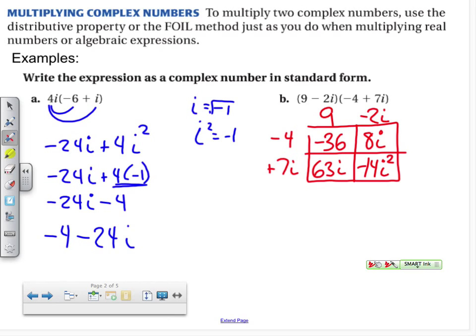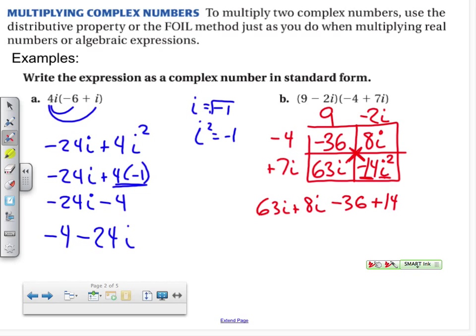All right, now as we combine like terms, we need to remember that i is not a variable. i is the square root of negative 1. So i squared then is negative 1. So as we combine like terms, these two will combine, 63i plus 8i. These two will combine because i squared is negative 1. That's going to be negative 36. Negative 14 times negative 1 is plus 14.